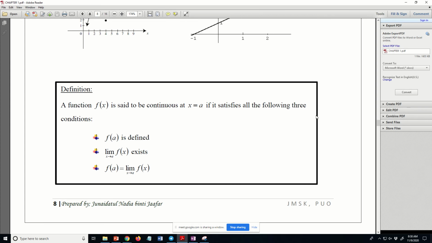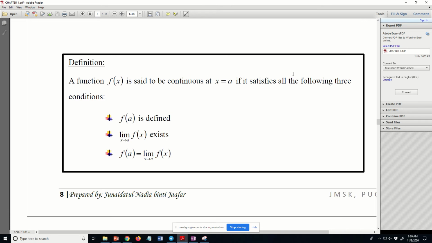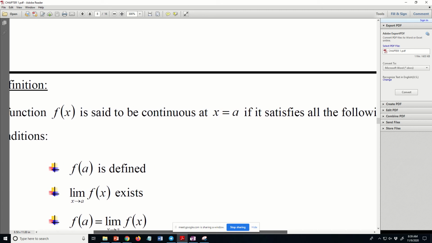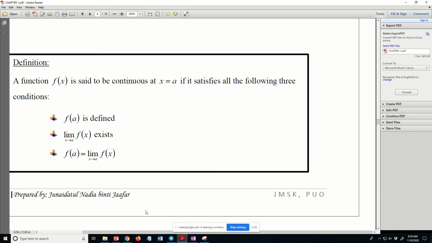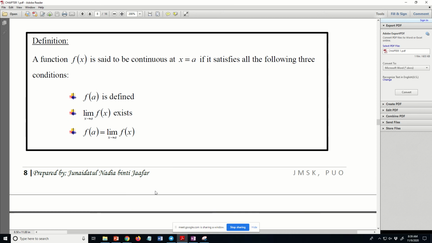See the PDF file lah. Okay, so when you see here, a function is continuous. Okay, so kalau kita tengok ni, a function is continuous at A. Okay, if it satisfy all the following 3 conditions.